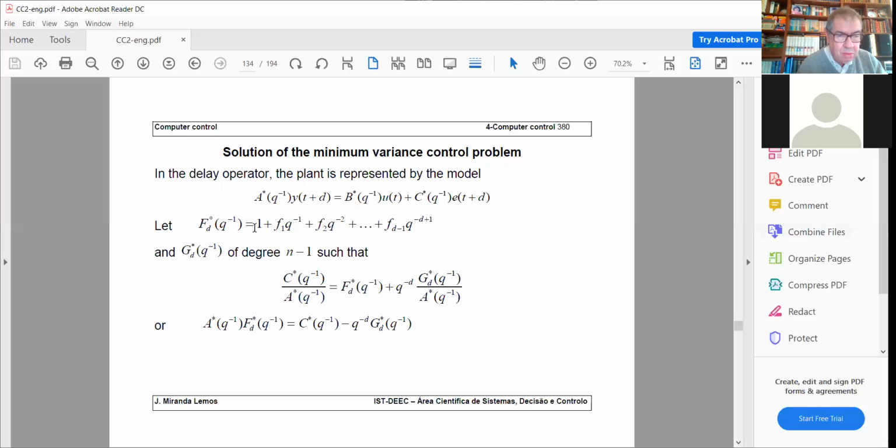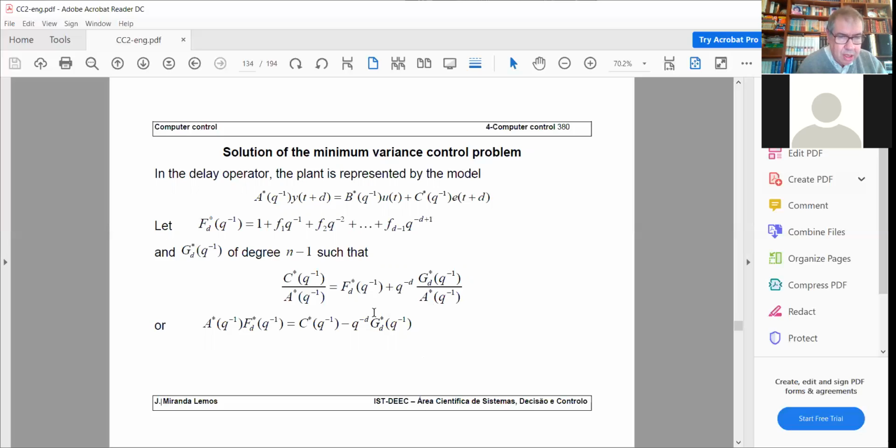You see, F_d, I wrote it here, and it has degree d minus 1 because this is q^-(d-1), okay, between parentheses. And then the remainder is q^-d G_d, G_d reciprocal, computed for the delay operator.